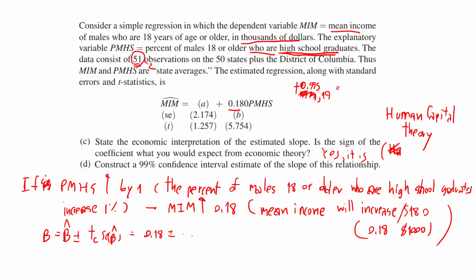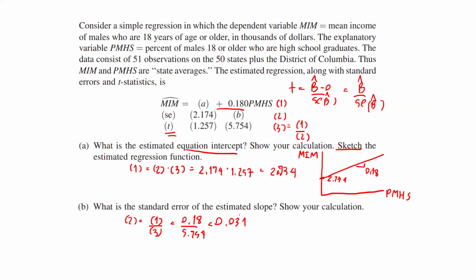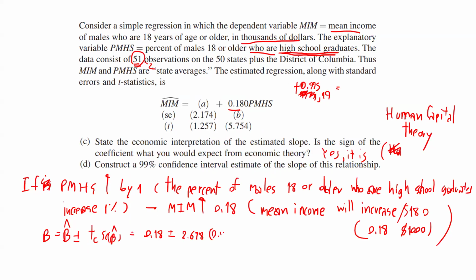So 2.678, right? And the standard error that you multiply is 0.031. Make the calculation and you will get two numbers. So the first is 0.263 and the other is 0.096.